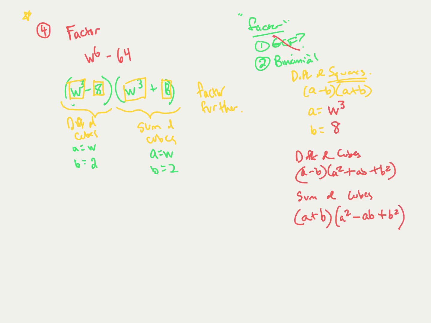So these two formulas look a lot alike. The only difference is the first two signs. Difference starts with minus and then goes plus, and then sum starts with plus, and then goes minus in the next sign.